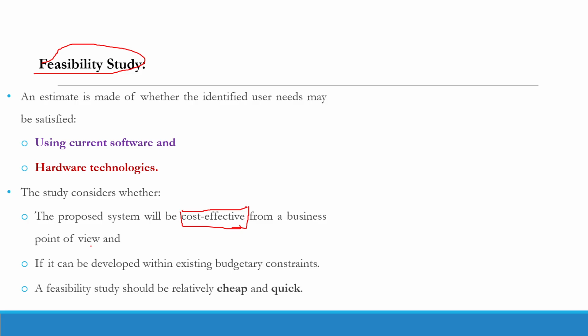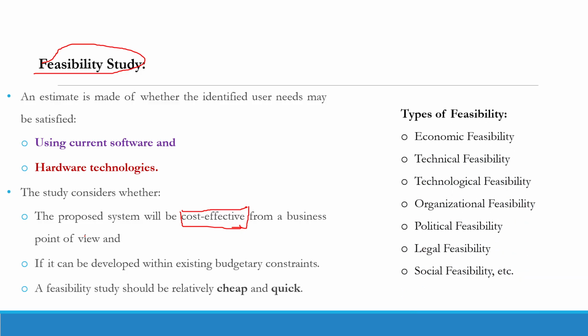If it can be developed within the existing budget or budgetary constraint, we say the software is feasible. So, one, can we implement the software using current technologies? Is it cost effective? Or can we develop the software with the allocated budget? These are a few of the feasibility study types.